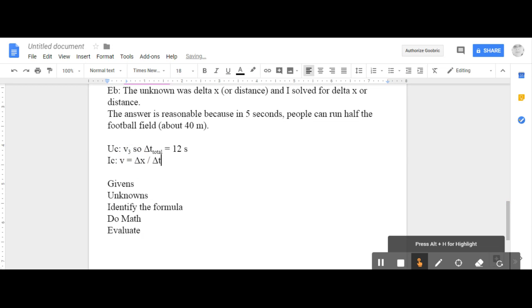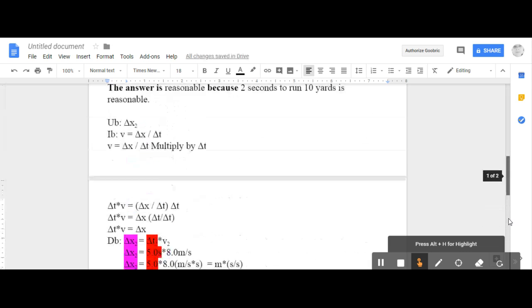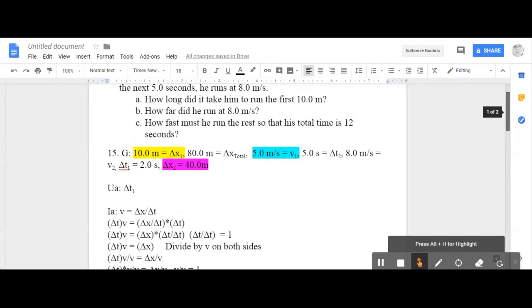And when we get ready to do the math, we can see that there is no delta x3 and there's no delta t3, right?